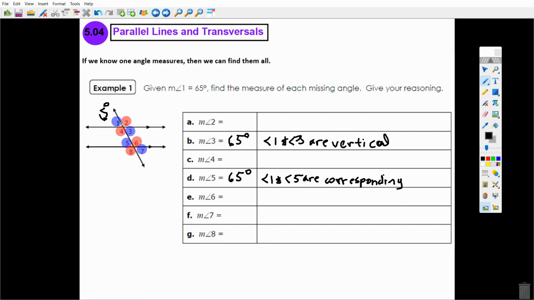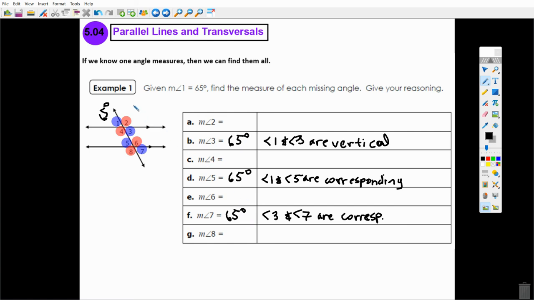The other one, we have 3 and 7, so we already know what 3 is. It's 65. Therefore 7 is also 65 because, again, we call those corresponding. So angle 3 and angle 7 are corresponding. I'm going to shorthand it like I said yesterday or the day before. All right, now we have those.